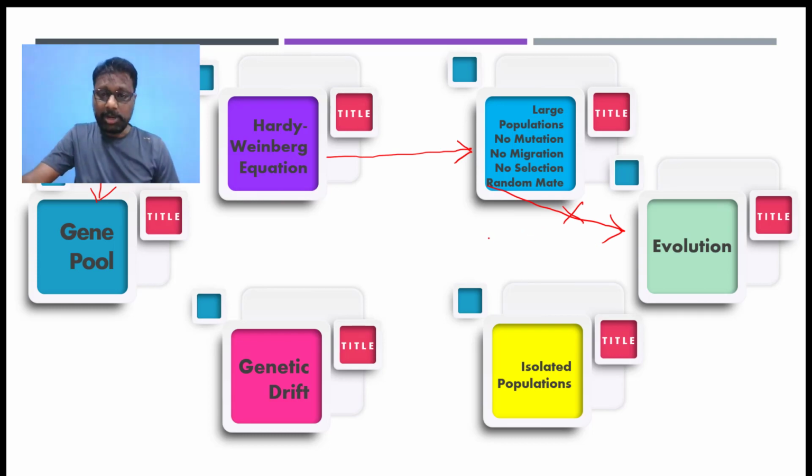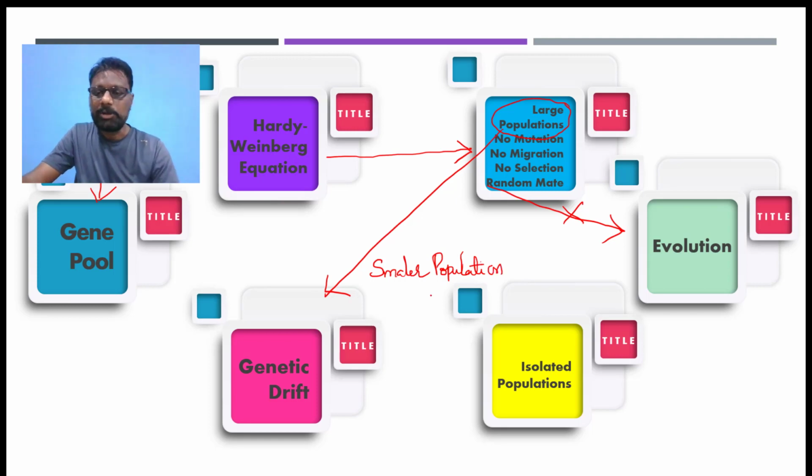When we talk about the size of the population, the size matters for genetic drift. Genetic drift operates more strongly in smaller populations, so its effect is strong in smaller populations.